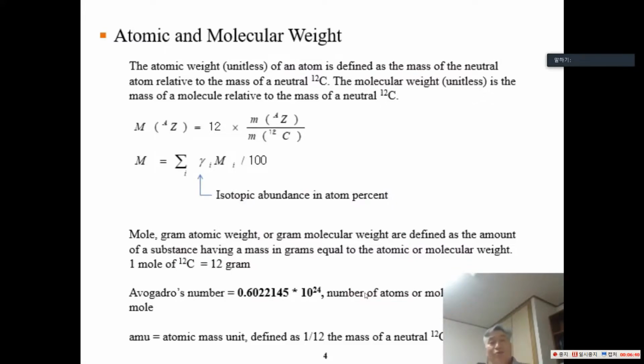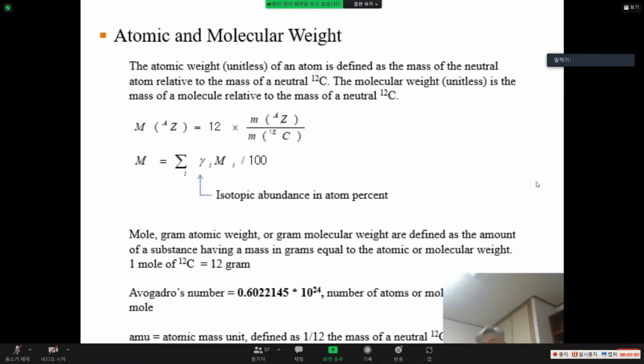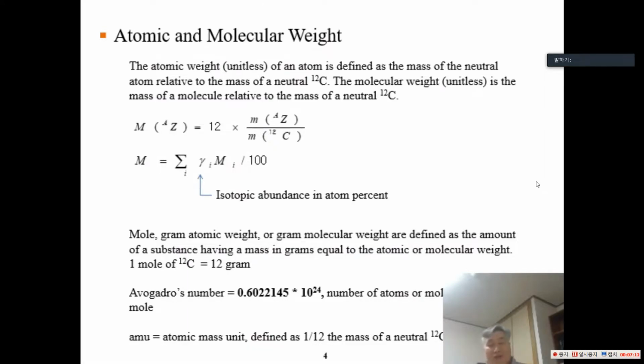So we need a smaller unit. So we defined AMU, atomic mass unit. We used carbon 12 as a reference. So the mass of one carbon 12 atom divided by 12 is what we call atomic mass unit.